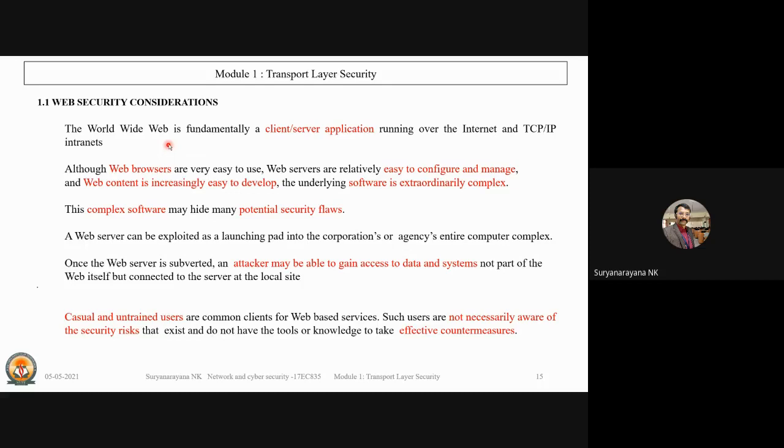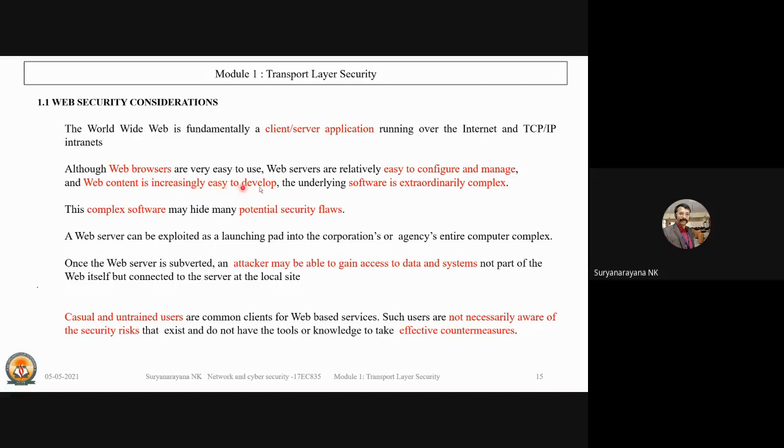Generally, the World Wide Web, what we call WWW, is a client server application which is running over the internet, and TCP/IP over intranets. Web browsers are very easy to use, web servers are relatively easy to configure and manage, and web content is increasing, which is easy to develop.